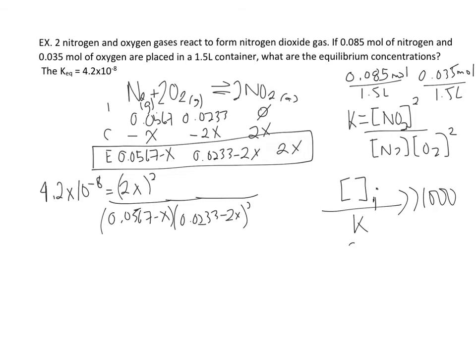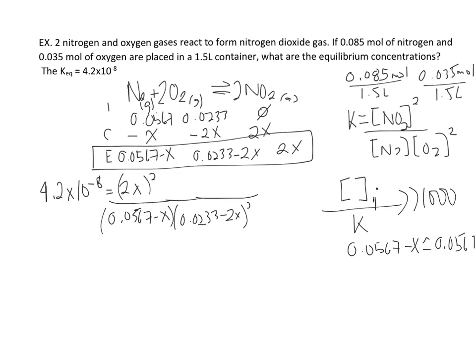For instance, 0.0567 minus x is 0.0567. So you'd be able to say that 0.0233 minus 2x would be equal to 0.0233. So you have to put this over to the side.